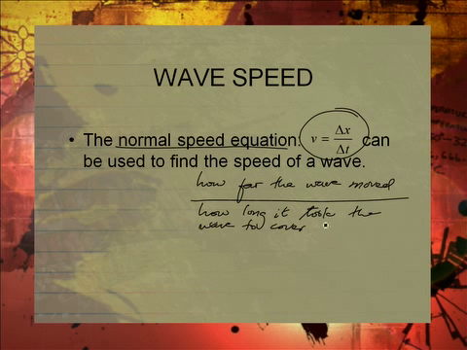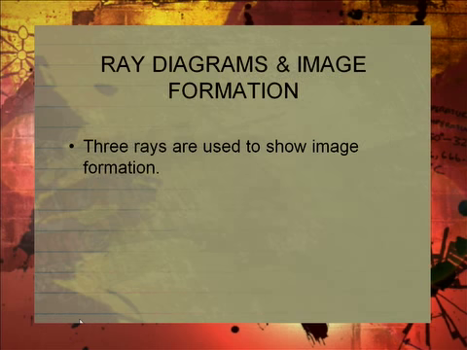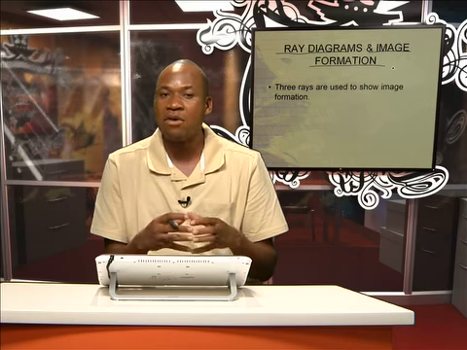So the distance to cover, and the time or the period to cover the distance. If you have these two things, you should be able to use that equation to find your speed. Now, coming to geometric optics, and today specifically looking at how images are formed.